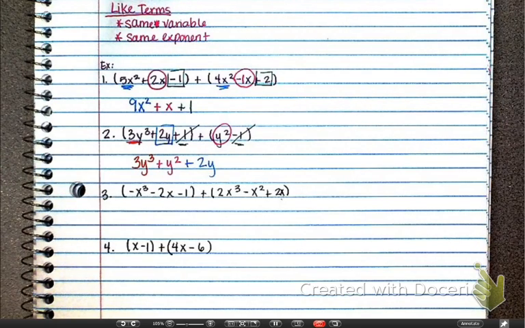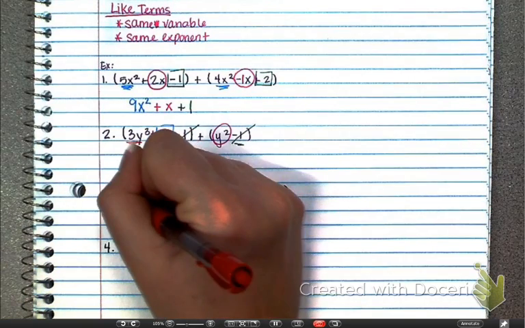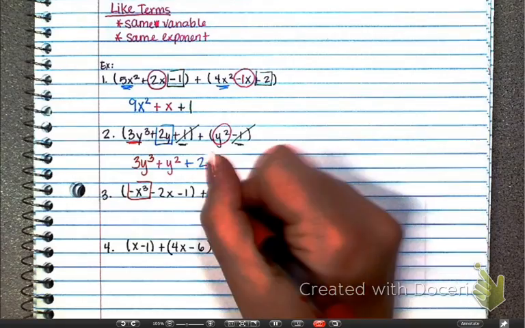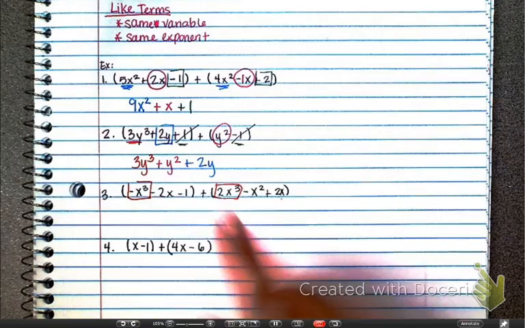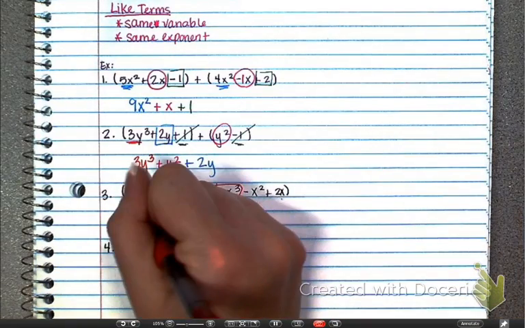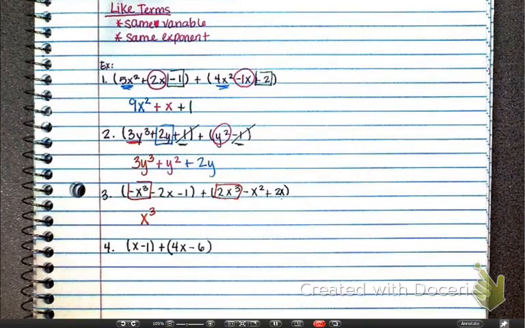Okay, now that you've had a second to do those two problems, we are going to again combine like terms. So my highest exponent in number 3 would be these cubes. So I have a negative 1x cubed and a positive 2x cubed. Negative 1 plus 2 is a positive 1x cubed.